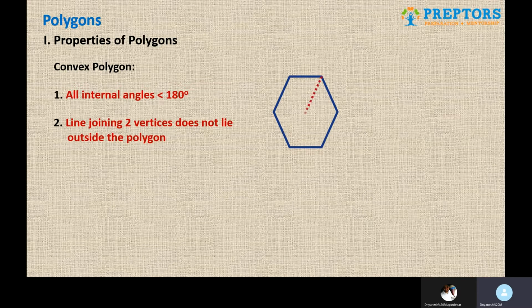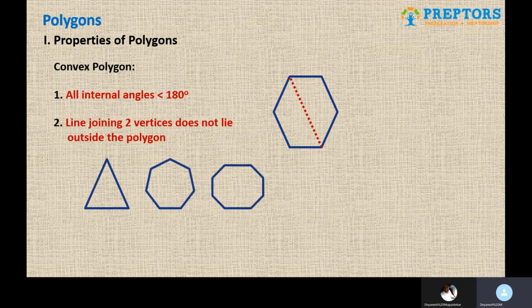So a line joining the vertices does not lie outside the figure. You can try it for any two vertices, and you'll see that it is a true property. So these two are the identification of convex polygons. These are the different types of convex polygons.